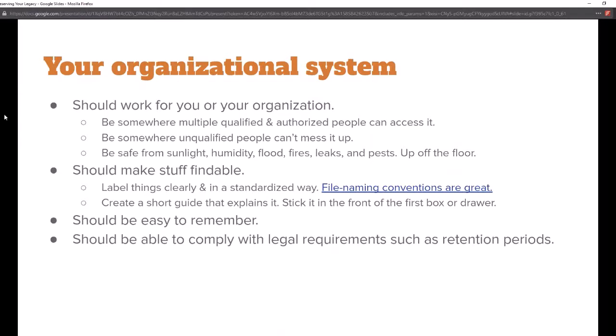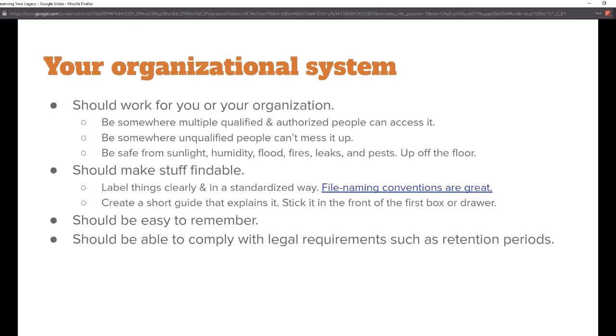It should be more about making your processes smoother and better. It should be about documenting the stuff that you do so that you can look back at it later and be proud of it. And it should be findable. If you are an individual and you're the only person who ever accesses these records, certainly making it just for you is great. But do also keep in mind that maybe now or maybe someday in the future you could have an assistant or an intern or a husband or someone you can make help out with these sorts of things.